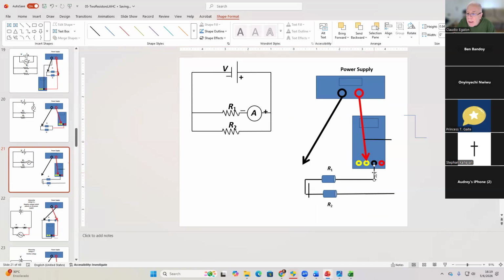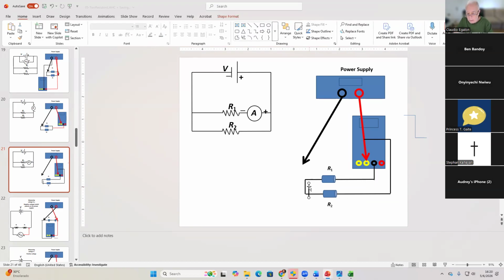Okay. Yeah, this way is better. Yeah, now we got it right. That's how you measure current one. Gotta close the circuit.